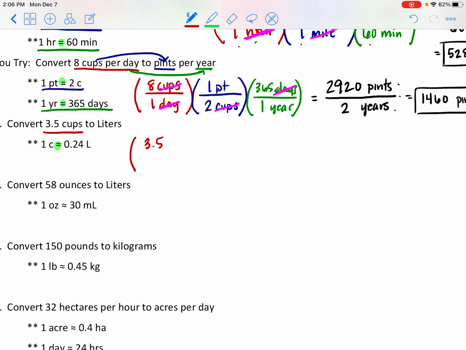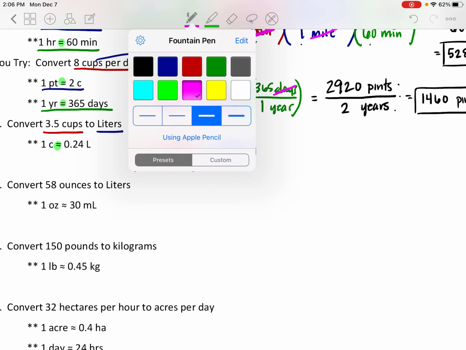So 3.5 cups. And I'm going to put that over 1 since it's not already a fraction. And I want to go to liters. And I know from my given unit fraction here that 1 cup is about 0.24 liters. And I put the cup on the bottom again so that those units will cancel.